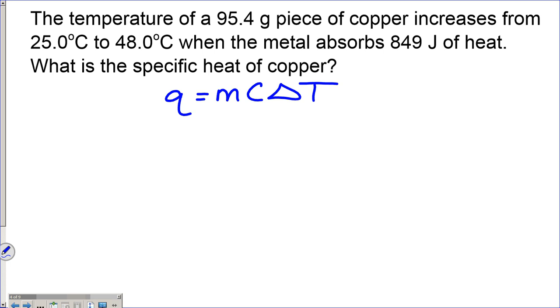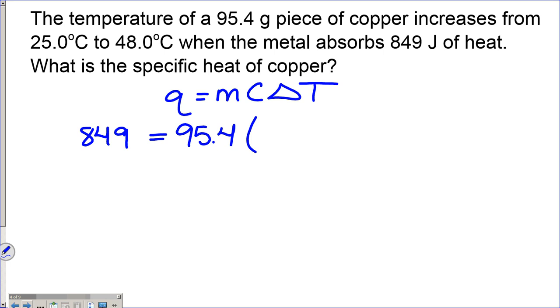See what variables it gives you. So pay attention to those units. So if you notice, Q is our heat in joules. It did give us joules. It gave us 849 joules. Mass is in grams. It gave us 95.4 grams. Specific heat is joules divided by grams times degrees Celsius.